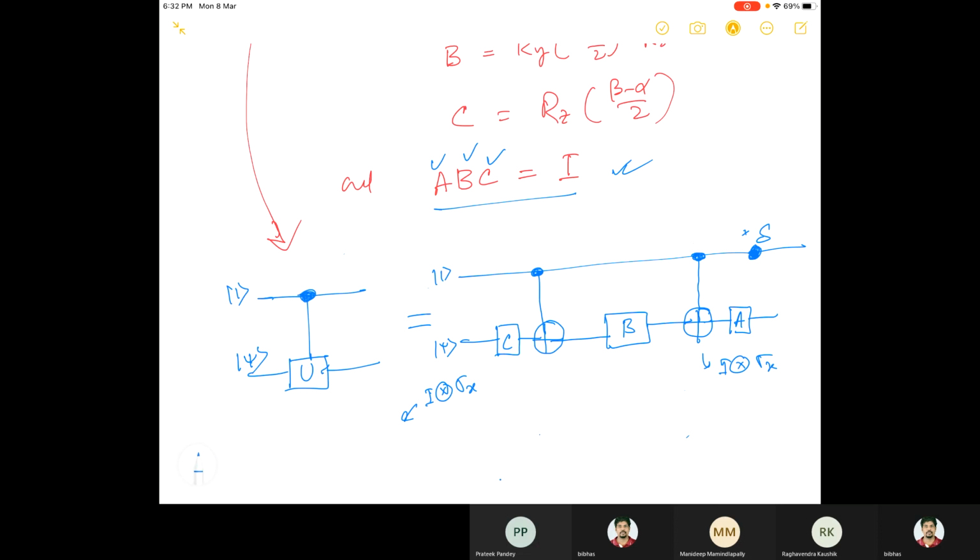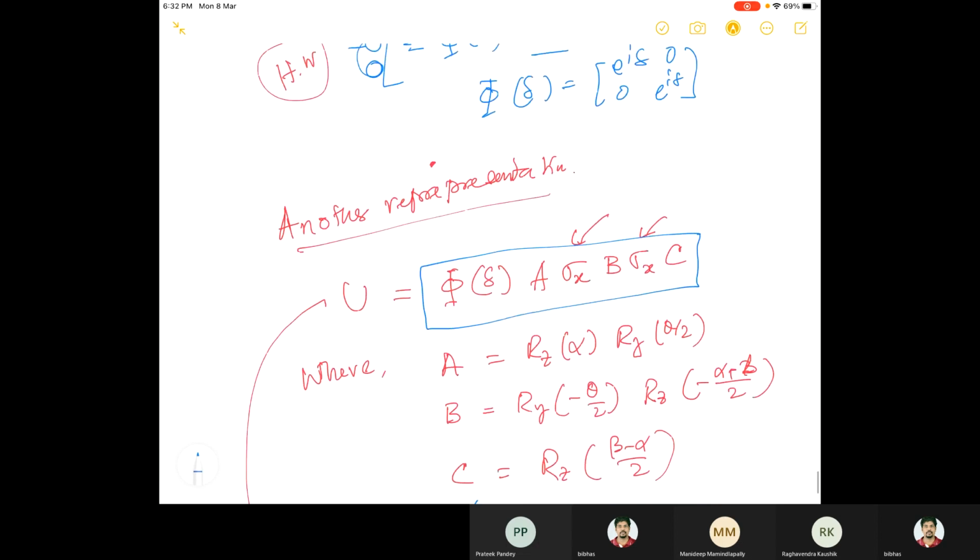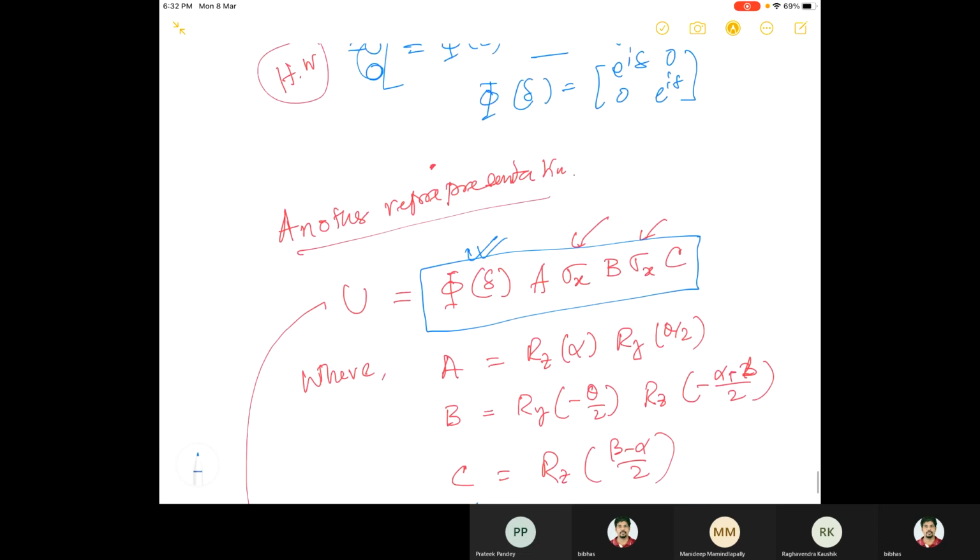I can just say first psi was there, then C was applied, then sigma x, then B, then sigma x, then A. And what is that? Is that U times psi? No. Why? Because there was a phi here. So this part is done.